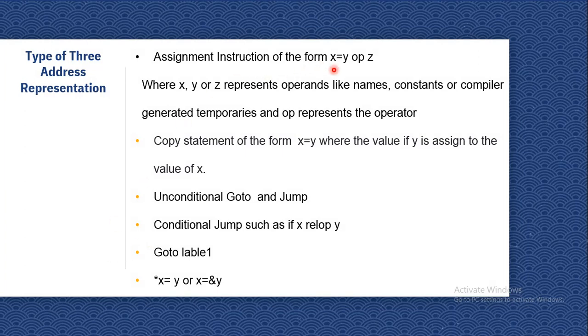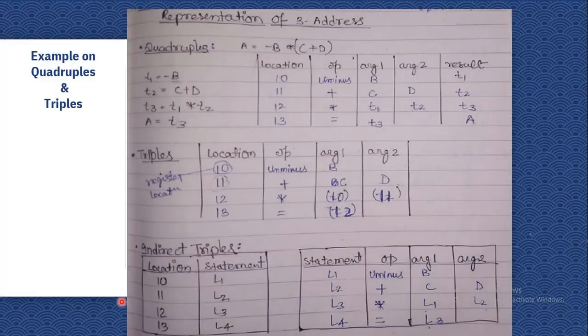If an expression is in the form of y operator z, then it is in three address format. If we are copying some data, it is three address. If we are using unconditional goto and jump, it is three address. If we are using conditional goto and jump, like an if statement with a relational operator, then it is three address code. And if we are using pointer variables, it is also three address.